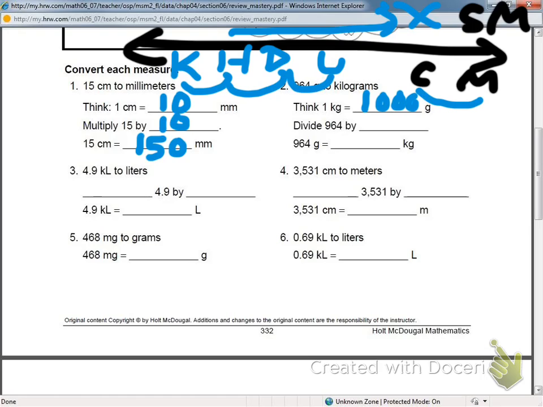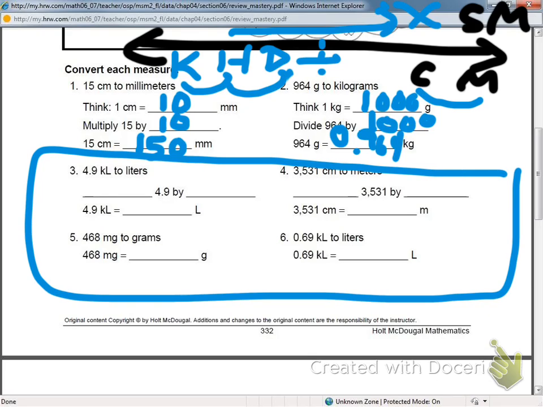Now I'm going to do what? Divide, because I'm moving to the right, so I'm dividing. So 964 divided by 1,000 is 0.964.